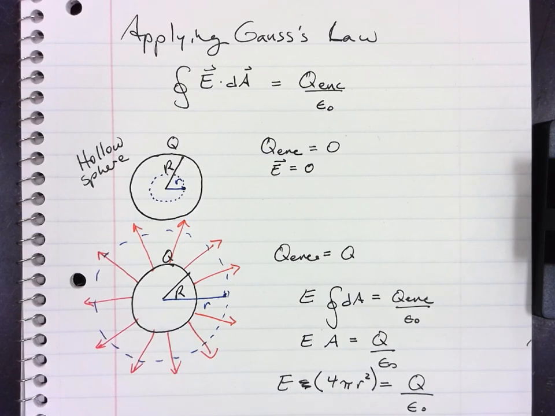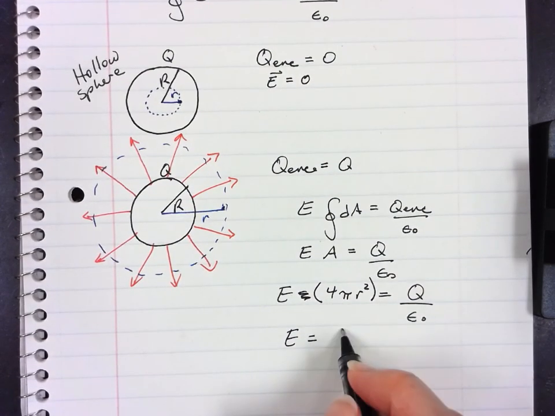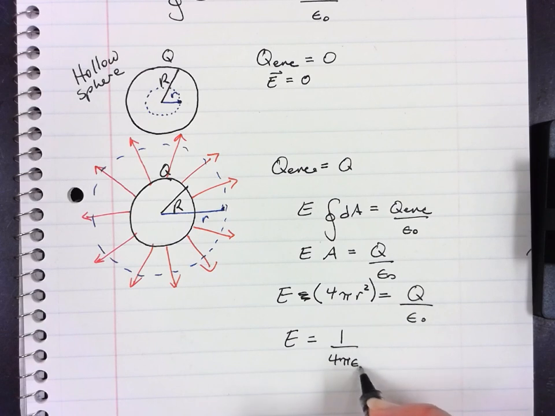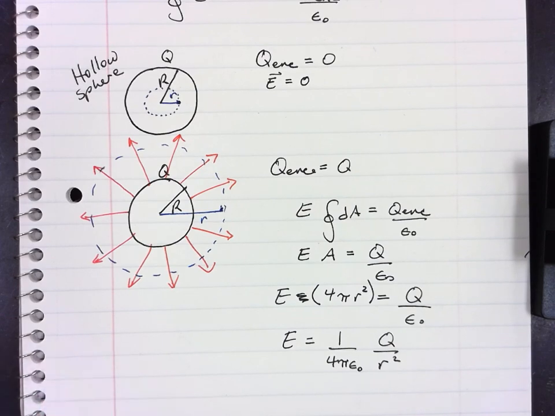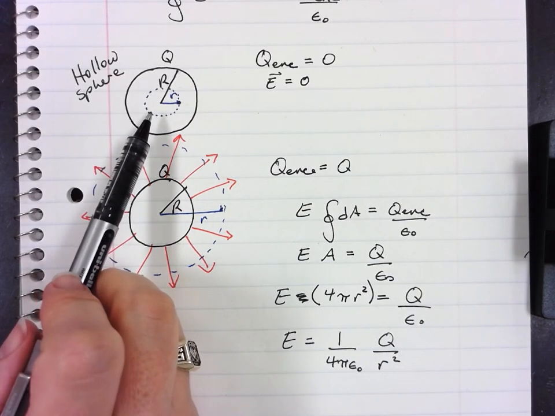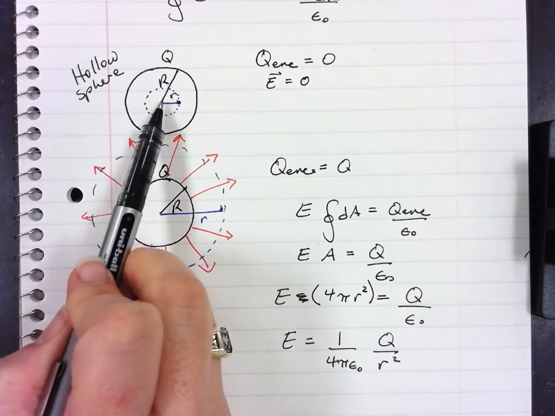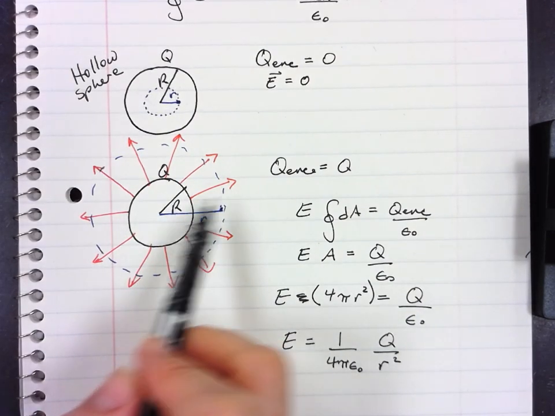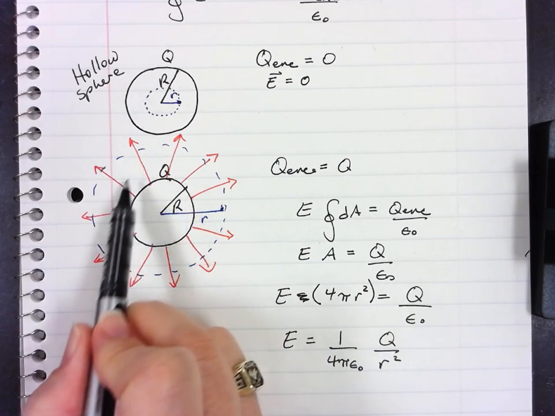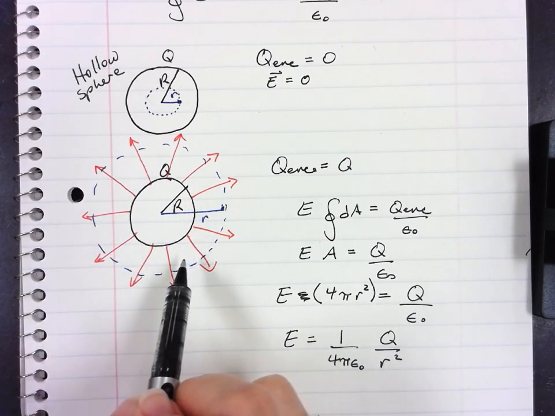So if I rearrange, E equals 1 over 4 pi epsilon naught times Q over little r squared. So what this says is, if you have a hollow sphere of charge, when you're inside the sphere, because there's no charge enclosed, there's no electric field. When you're outside the sphere, you do enclose charge, but you enclose all of it.